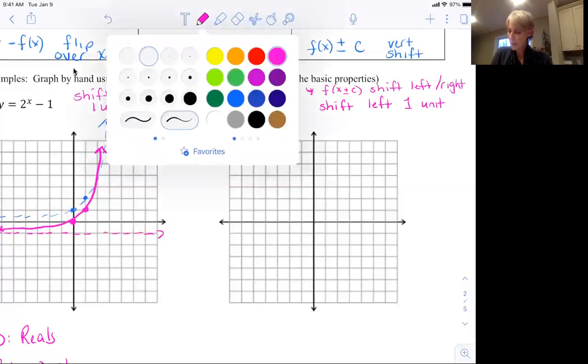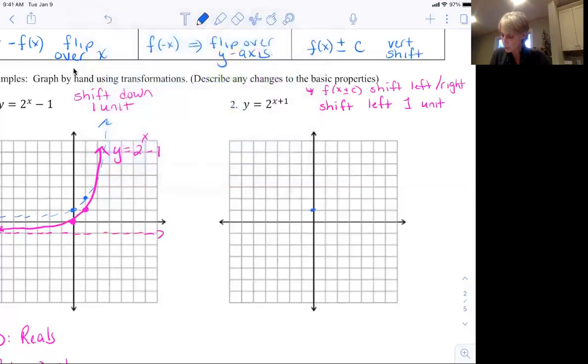I'm going to go back and make my regular exponential, 2 to the x. And now I'm going to take this, and remember your horizontal asymptote is y equals 0. And I'm shifting this graph 1 unit to the left.